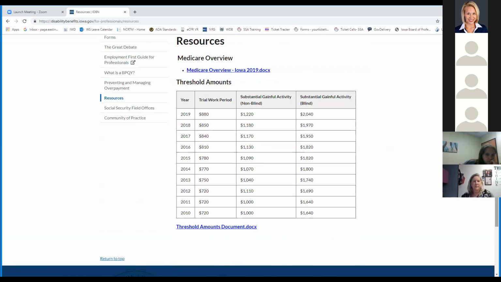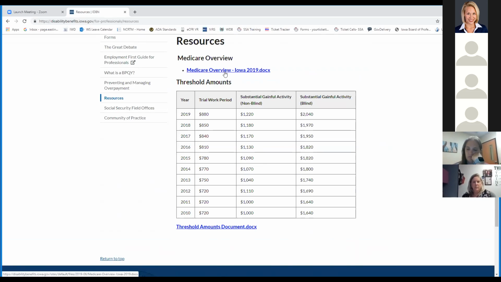We've got the trial work periods for each year listed, SGA for individuals who are not blind, and SGA for those who are. And then there's two links. One is the same chart, but in a Word document that you could print and possibly have at your desk, or send home with someone.